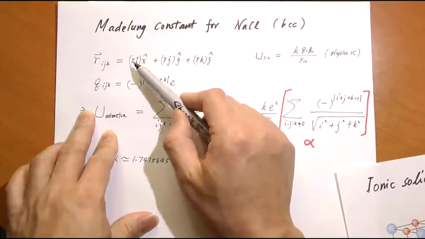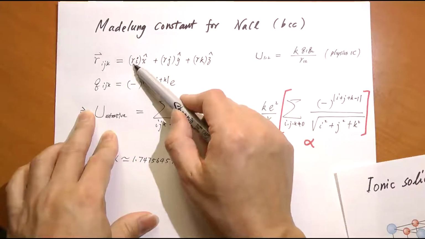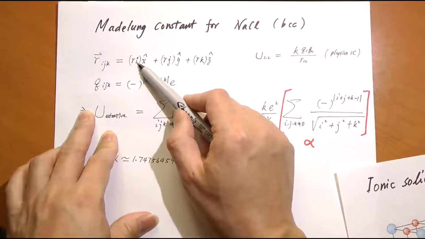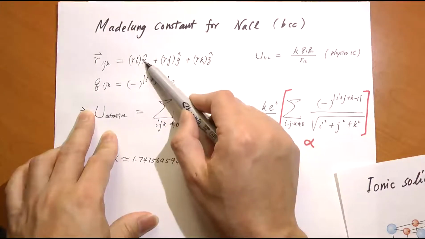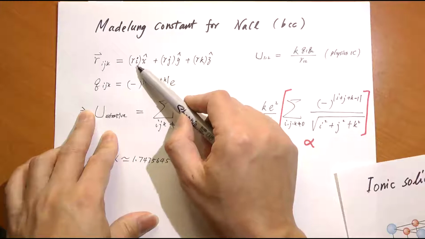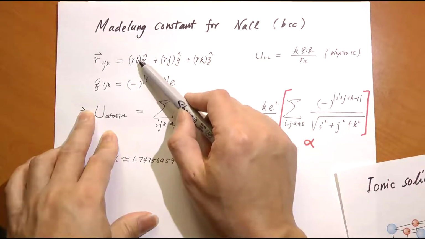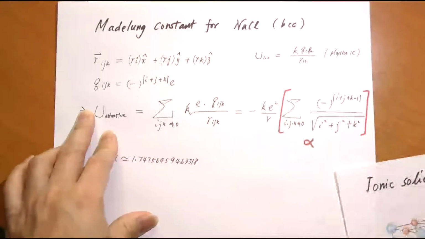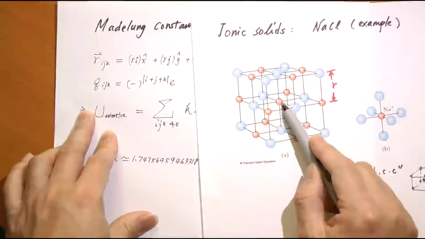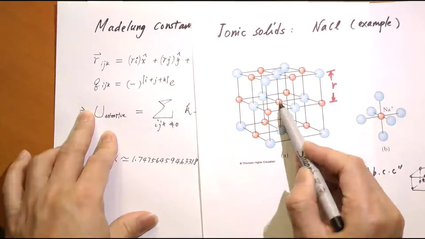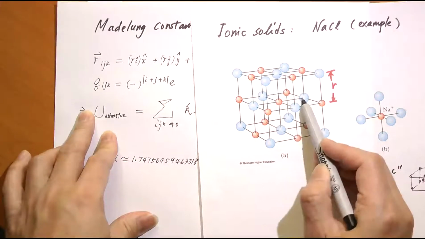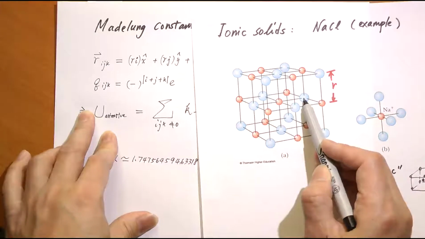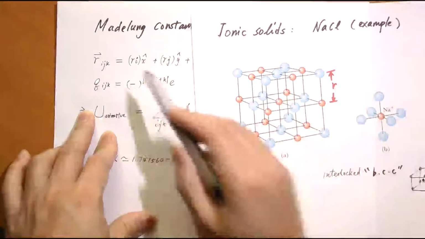It is r, which is the unit length between two neighboring ions, times i. Here i is an integer: 0, 1, 2, 3, 4, and so on. So it is i times r away from the center along the x-axis. In this case, for example, i would be equal to 1 if you call this the x-axis. So this is one step away in the x direction from the center. Therefore, i equals 1.